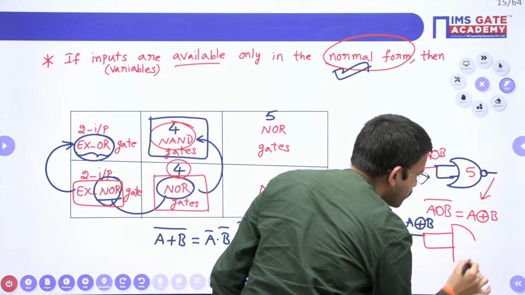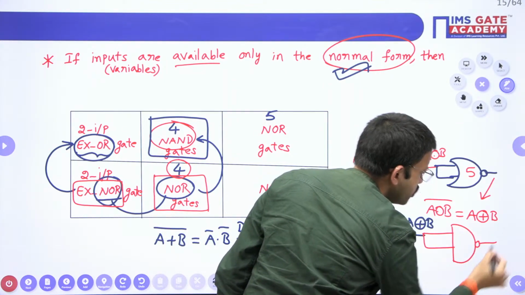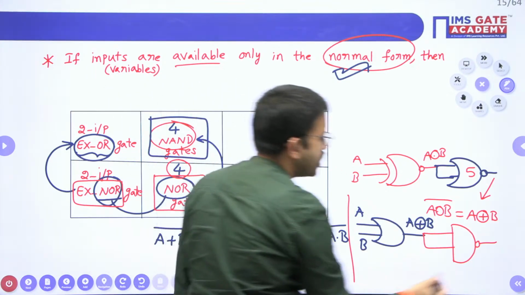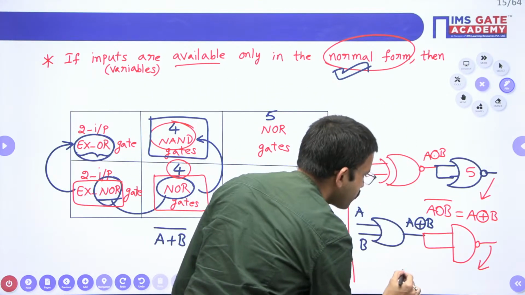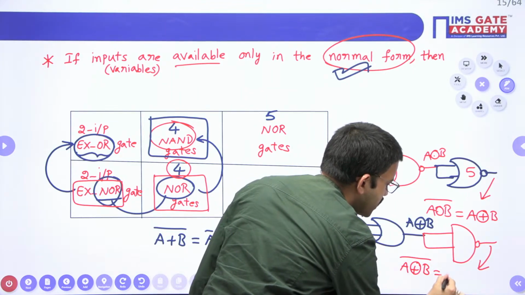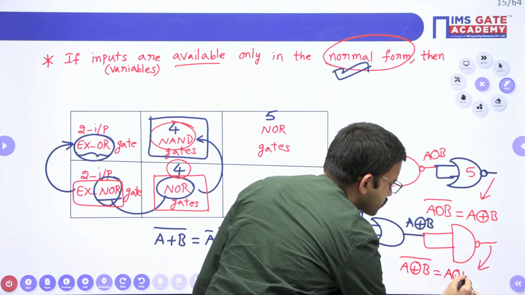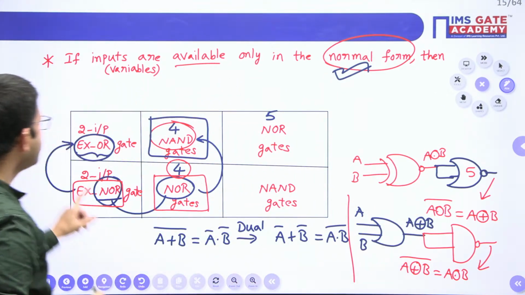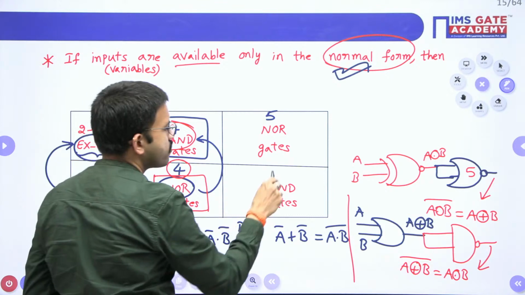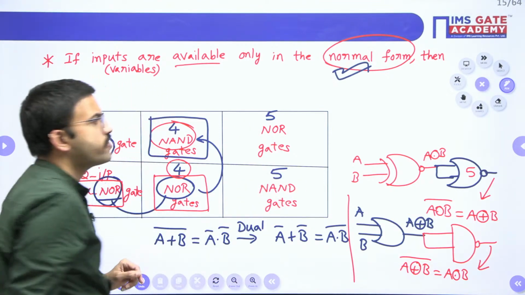Both the inputs I am tying together, then the 2 input NAND gate will behave as NOT gate or inverter. So you will get A XOR B complement, which is nothing but A XNOR B. So for getting XNOR gate, here we require 5 NAND gates.